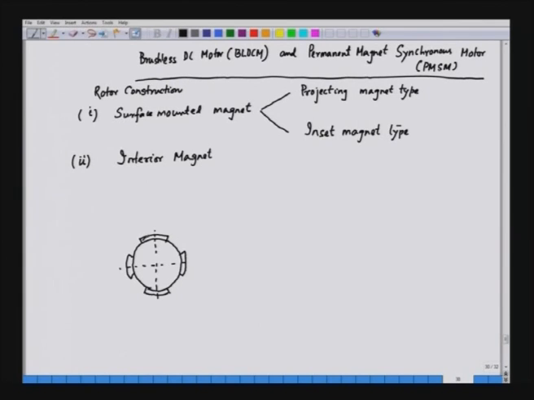So, these are basically the magnets. And the stator is around this rotor. So, we have the stator structure like this. So, this is a projecting magnet type motor. So, we are talking about the surface mounted magnet.